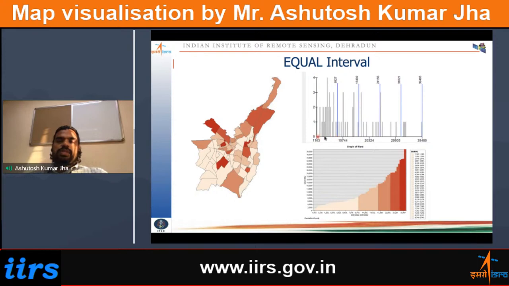In this case, we see that the first bucket has the largest number of values, or groups of polygons, falling within this range.